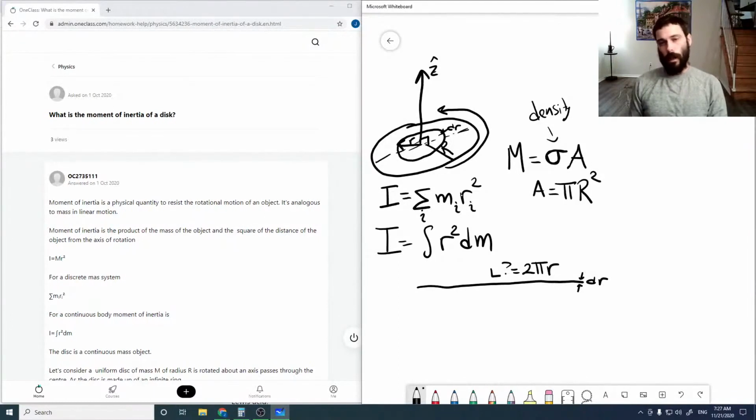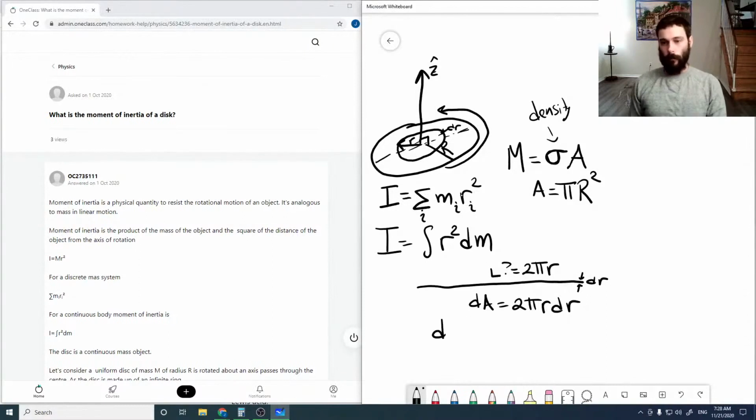So that means the area of this ring, dA I'm going to call it, this small area, is 2 pi r dr. And now we can convert this small dA to a dm using our density, right?